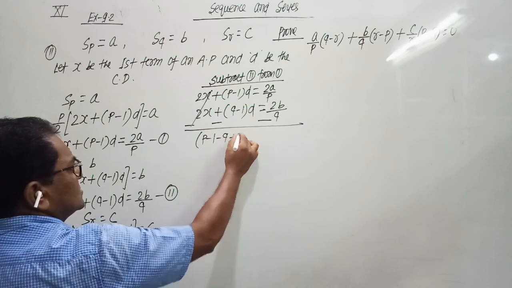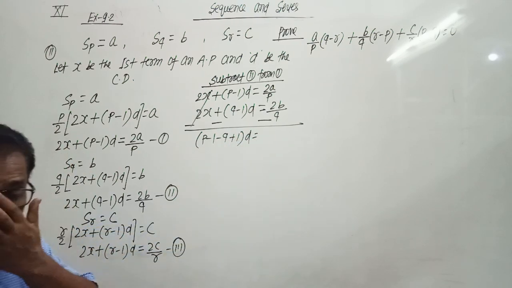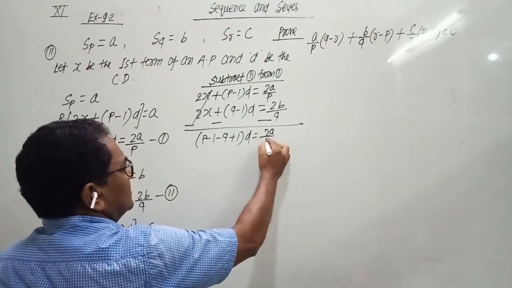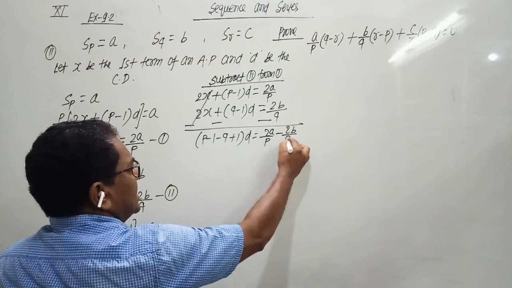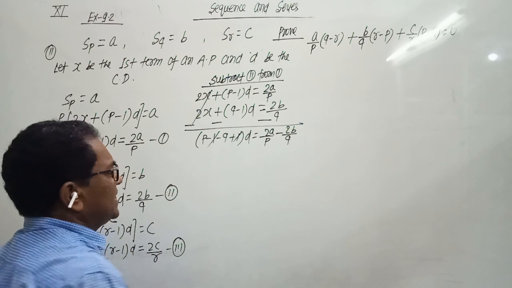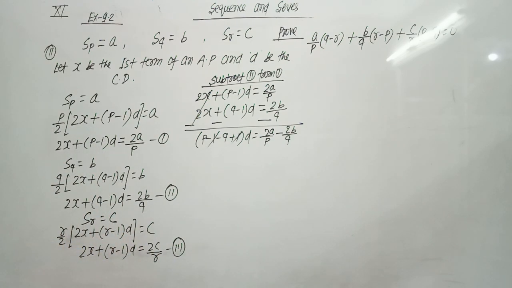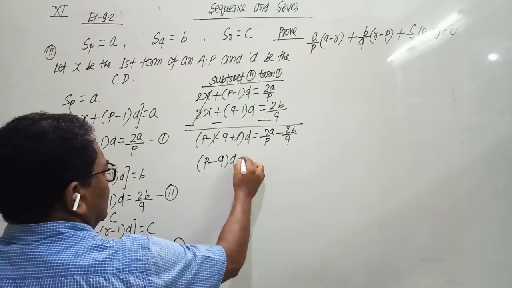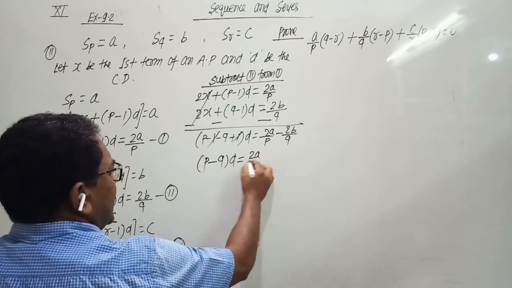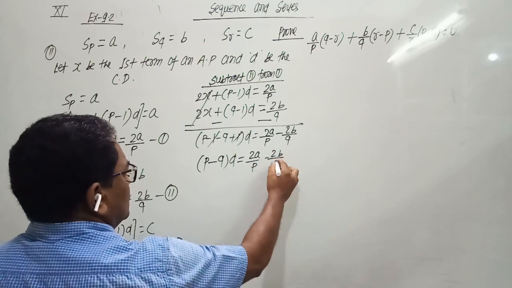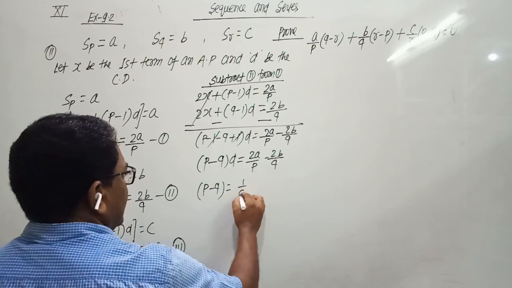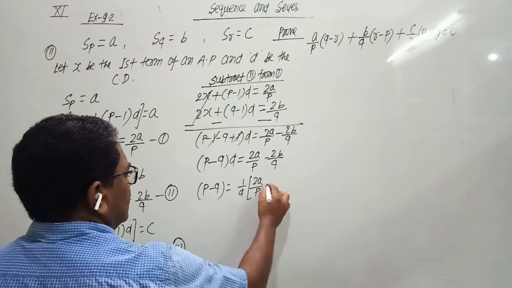Minus 1 and plus 1 cancel, and we get (p − q)d equals 2a/p − 2b/q, and p − q equals (1/d)(2a/p − 2b/q).